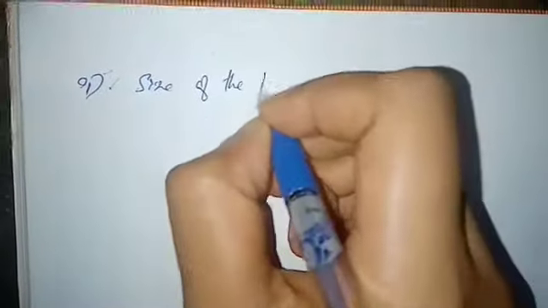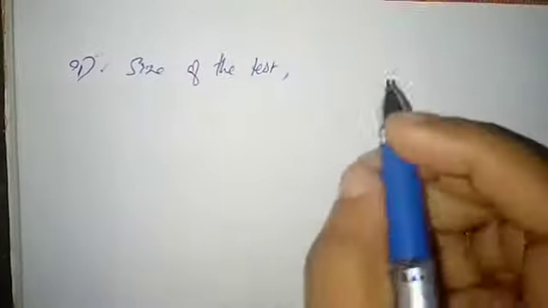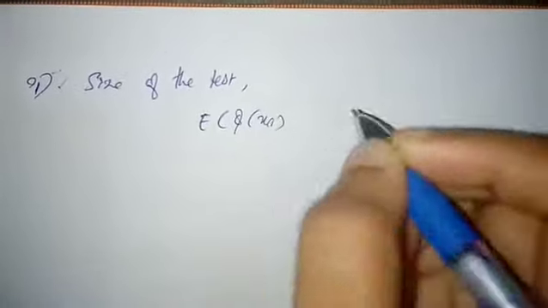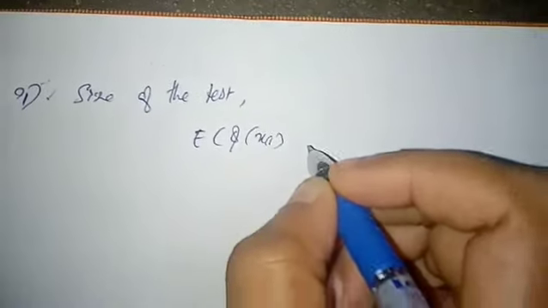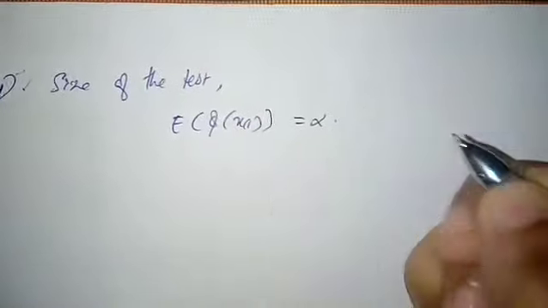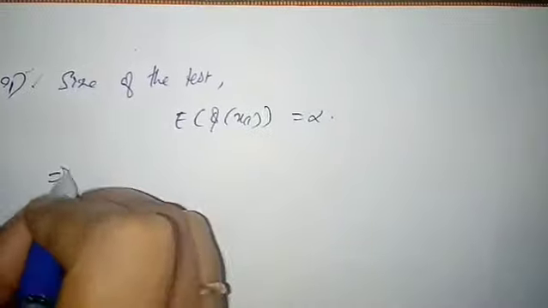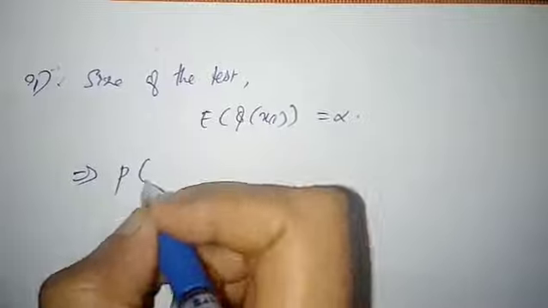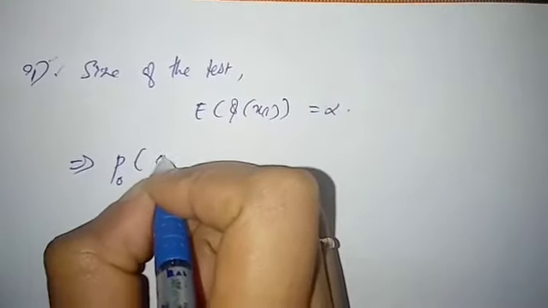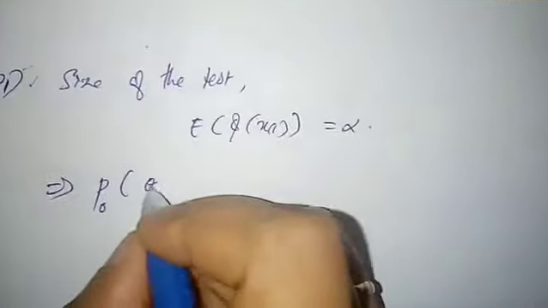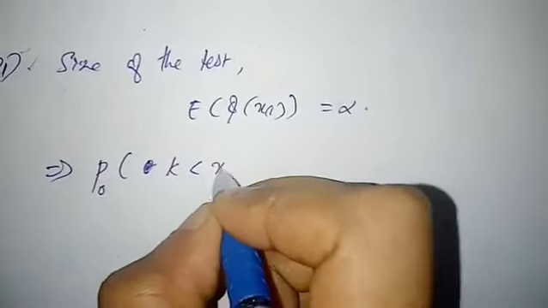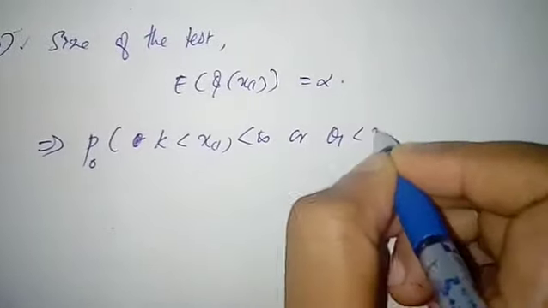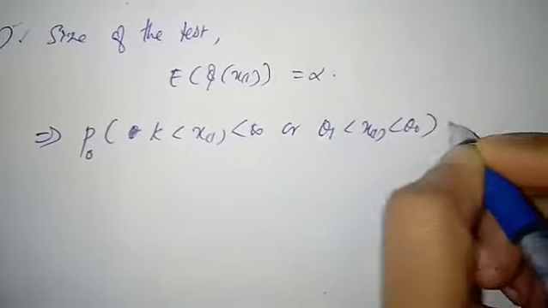Size of the test. That is, expectation of phi of x1 is equal to alpha. Which implies, from the test function phi of x1, we can write the probability under H naught of k less than x1 less than infinity, or theta 1 less than x1 less than theta naught, equal to alpha.